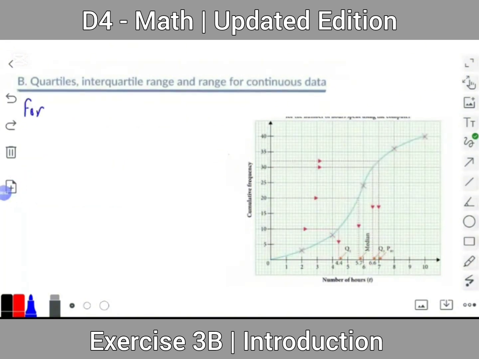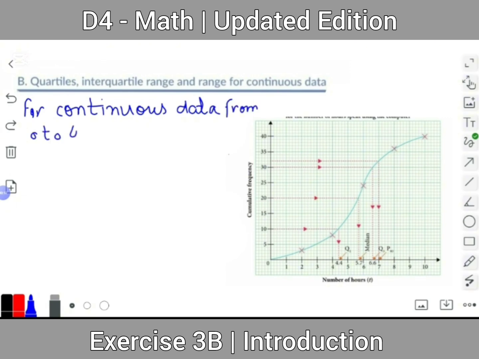But for continuous data, from 0 to 40, and not from 1 to 40, the position of the median is equal to n over 2.